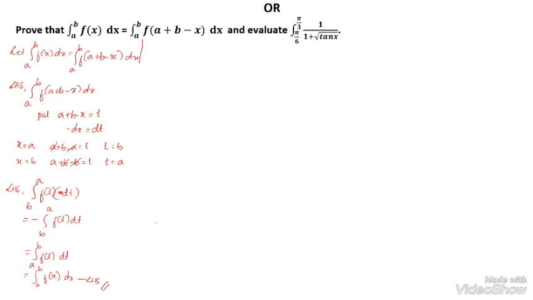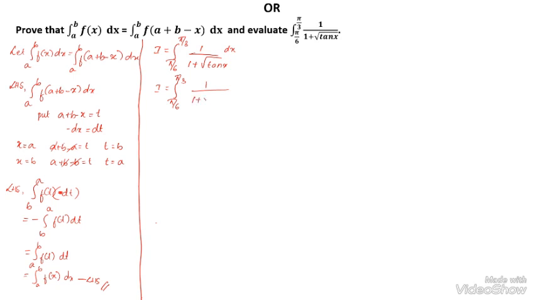Now, based on the property, we can solve the problem here. First I take the integral I = the integral from pi by 6 to pi by 3 of 1 divided by 1 plus root of tan x. We know that tan x can be written as sin x divided by cos x. So I can write 1 divided by 1 plus root of sin x divided by root of cos x.